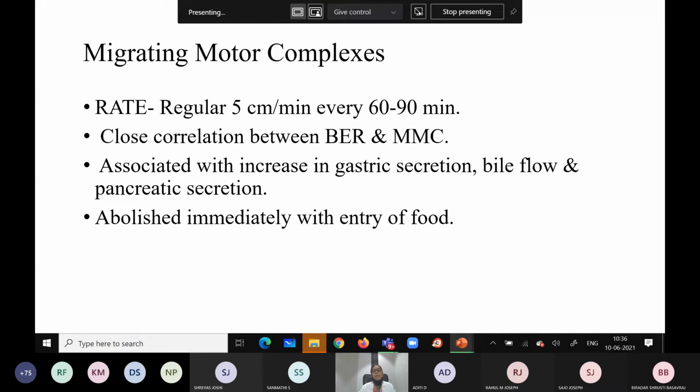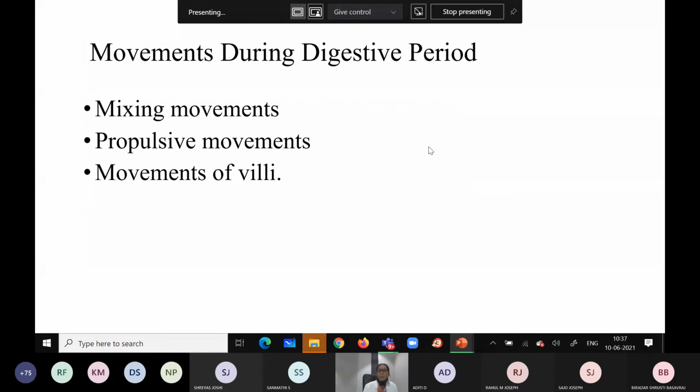They travel at a rate of 5 centimeter per minute and they occur every 60 to 90 minutes. And there is a close correlation, coordination between basal electrical rhythm and migrating motor complexes.